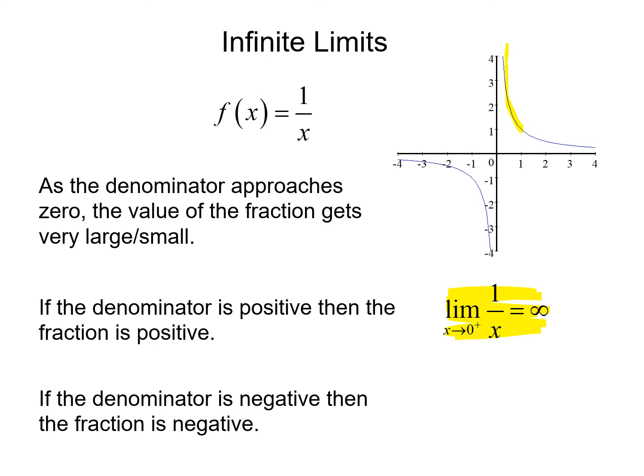If the denominator is negative, then the fraction is negative. Think 1 divided by a negative number is going to be negative. So for this one, I'll highlight this one in orange.